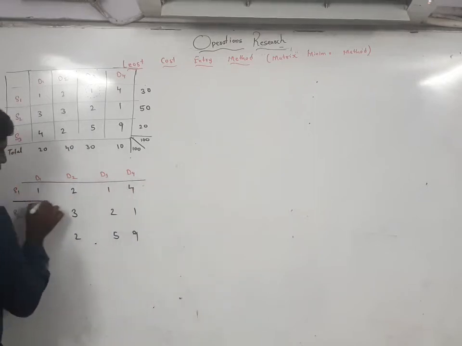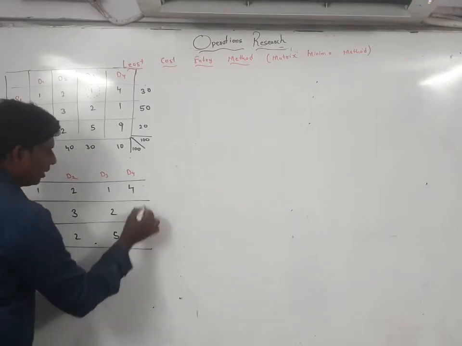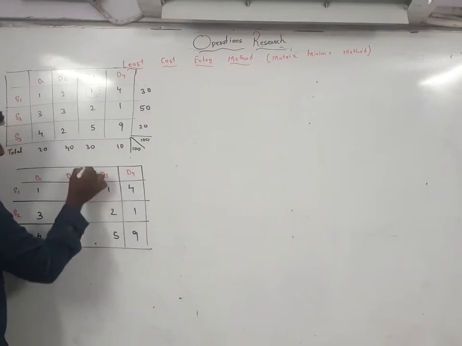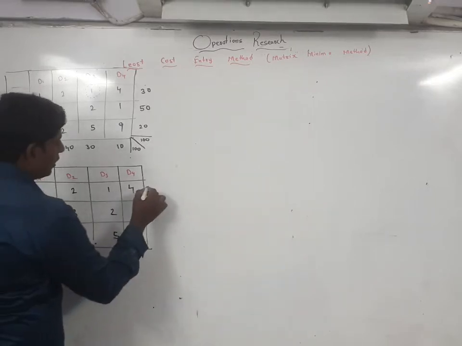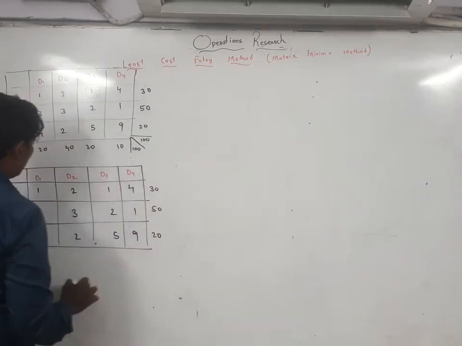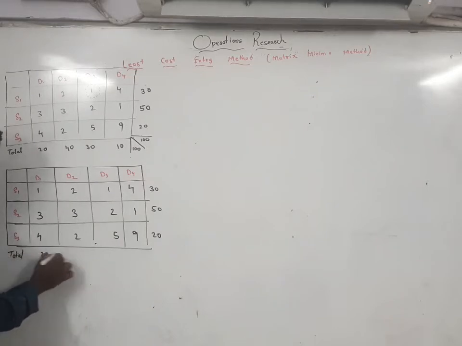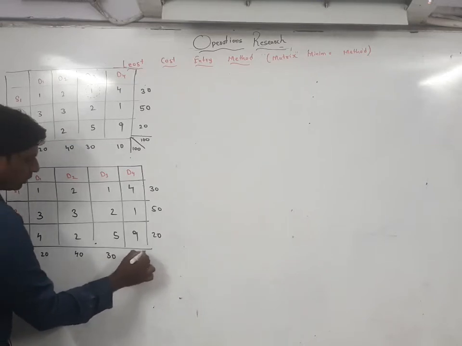So what you have to do? S1, S2, S3, and here D1, D2, D3 and D4. And here the values are 30, this is 50 and this one is 20, and the totals are 20, this is 40, this is 30 and this one is 10.